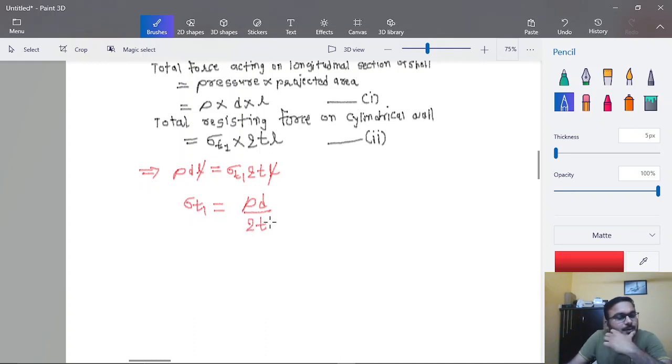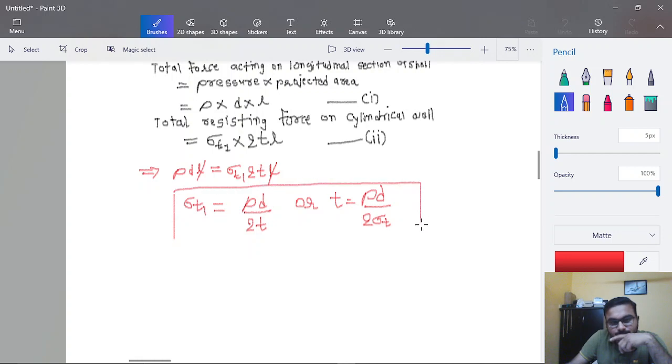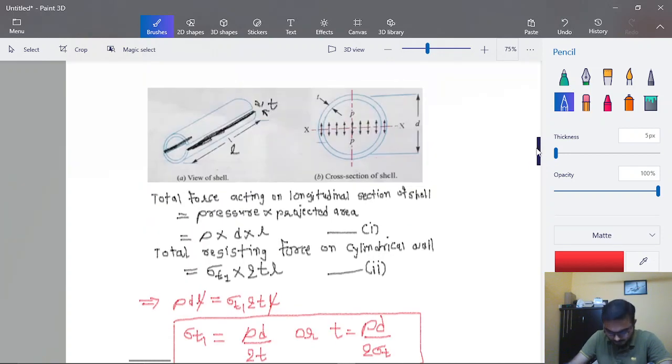Or if we need to calculate the thickness, then we can write T is equal to PD upon 2 sigma T. That's it.